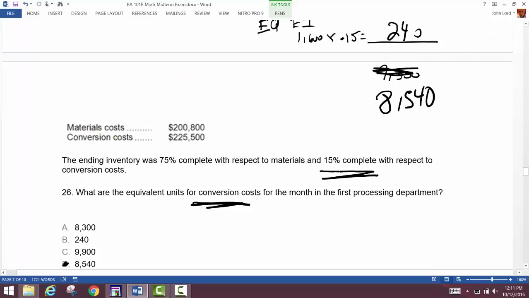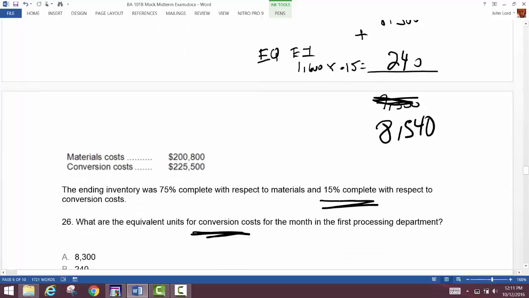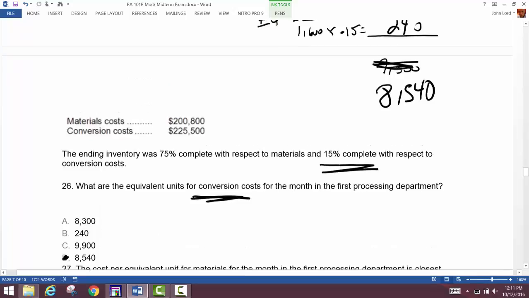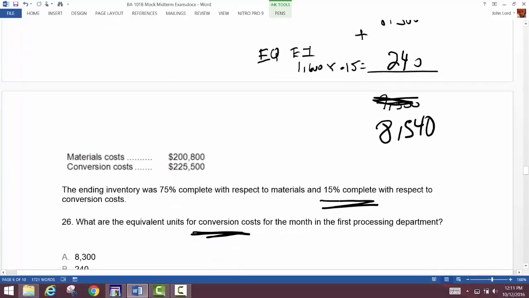So 8,300 was the units transferred out, plus the equivalent units, 8,540. And then the next question asks, what is the cost per equivalent unit for materials? So I'm going to go through the same exercise for materials. I know that they transferred out the 8,300.